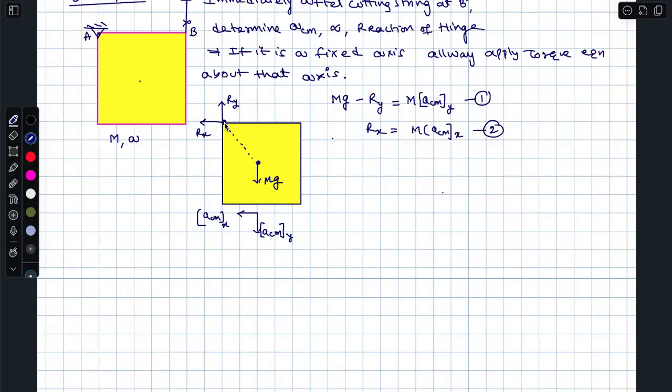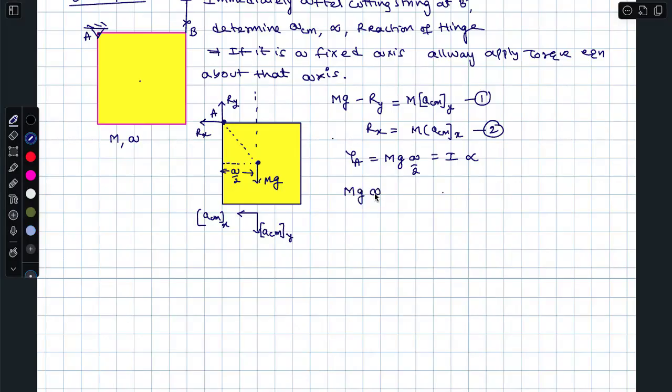Now you need to apply torque about A. Torque about A is mg times the force arm, the perpendicular distance from the line of action of the force, a by 2. So mg a by 2 is equal to I alpha. I about what point do I need to take? About A.